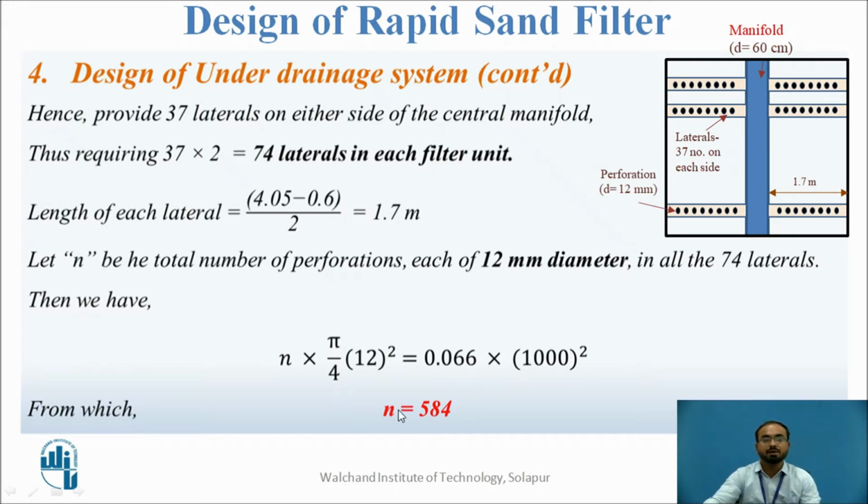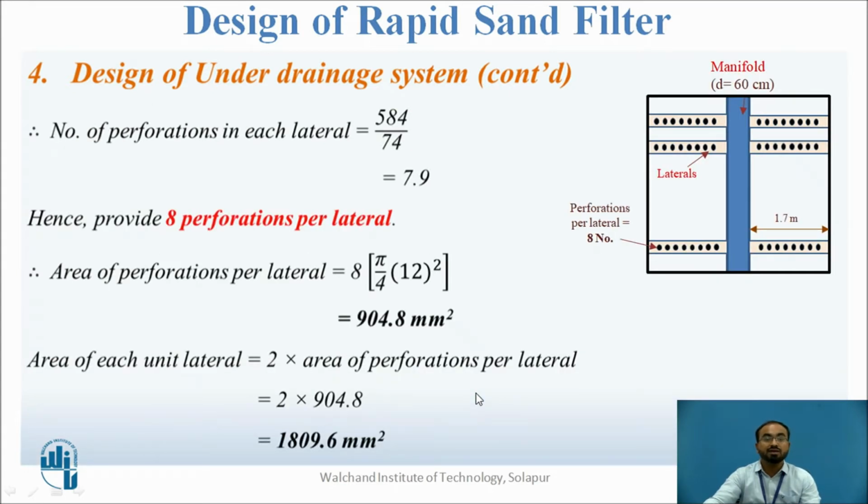So n will come to about 584. It means the total number of perforations in the filter unit will be 584. To calculate the number of perforations in each lateral, I divide by 74. So 584 divided by 74 comes to about 7.9, or 8 perforations per lateral.